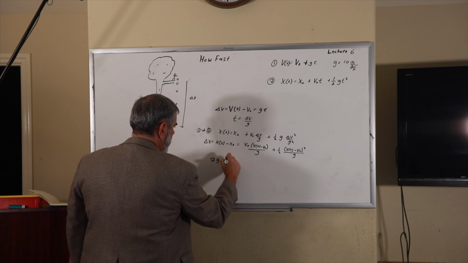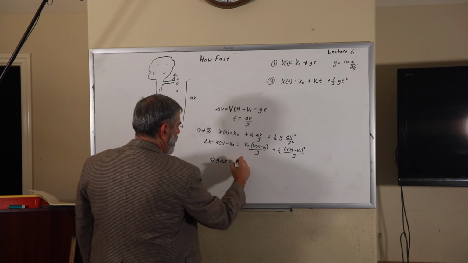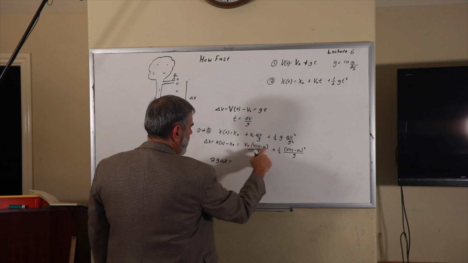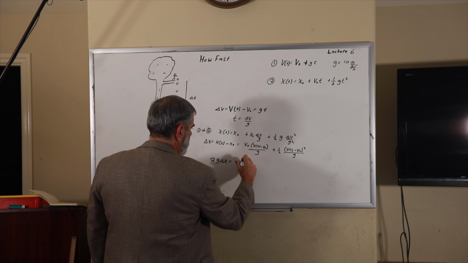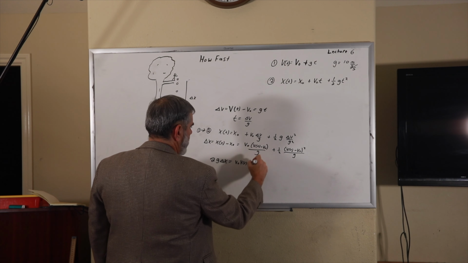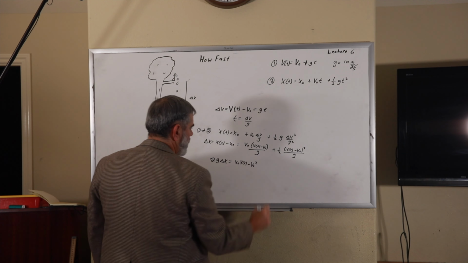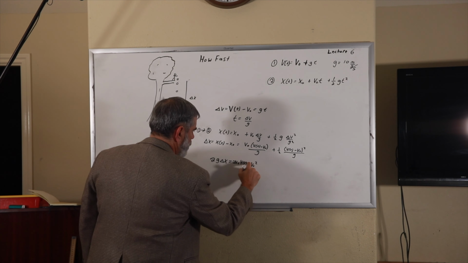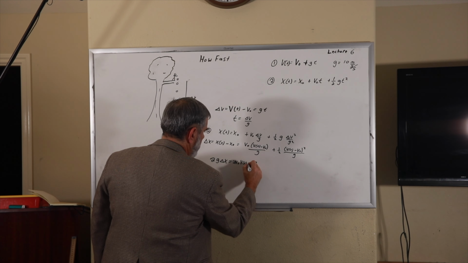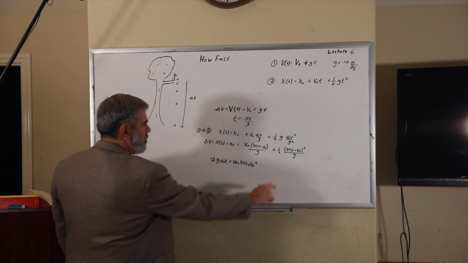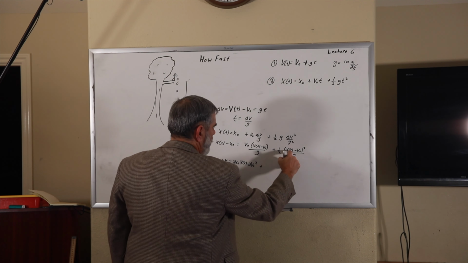So I'll get that 2g times delta x is equal to 2 times v naught times v of t minus v naught squared, with a 2 in front of both of them. Plus, now I've got to square this term out.